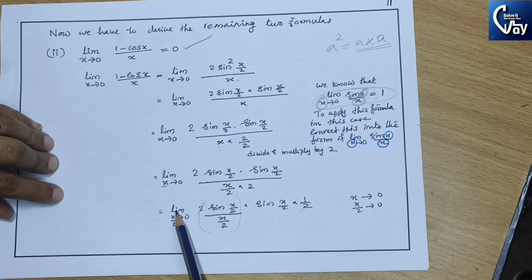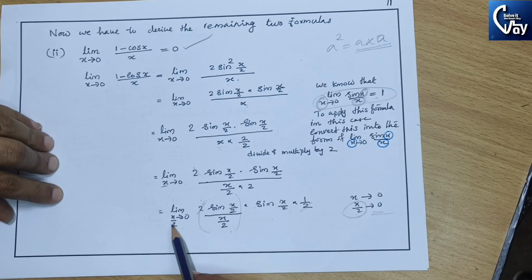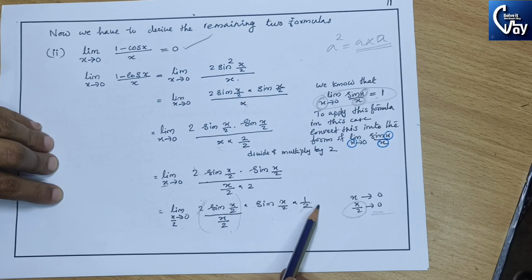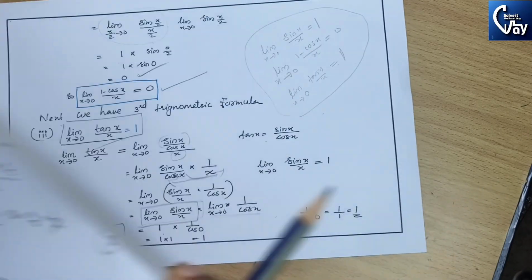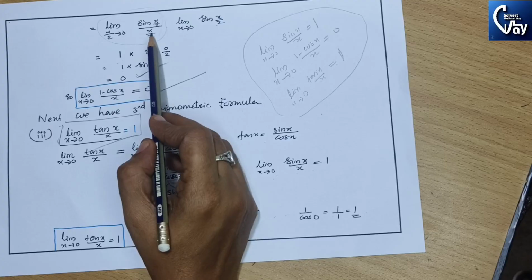So as x tends to 0, x by 2 also tends to 0. Then instead of this we write x by 2 tends to 0, 2 into sin x by 2 by x by 2 into sin x by 2 into 1 by 2. These 2 and 2 get cancelled. Then we got limit x by 2 tends to 0 of sin x by 2 by x by 2.